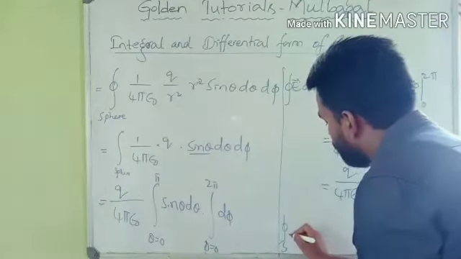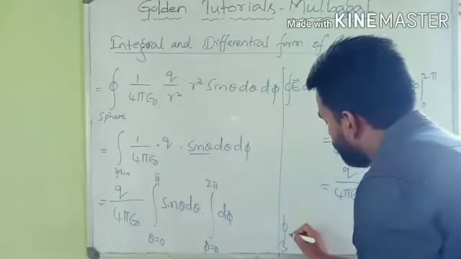According to the Gauss divergence theorem, the surface integral of E dot dA can be written as the volume integral of the divergence of E times some volume element, let me say dV.